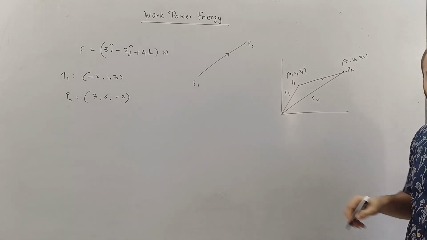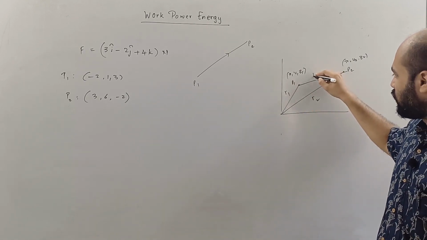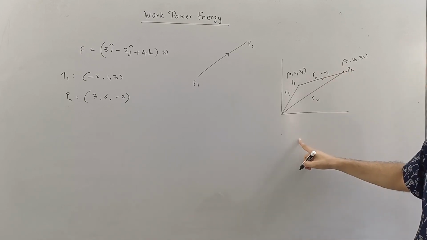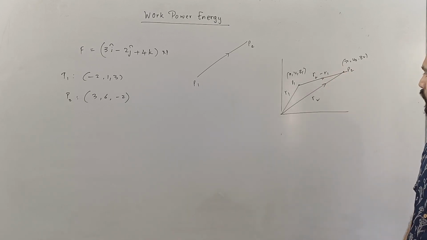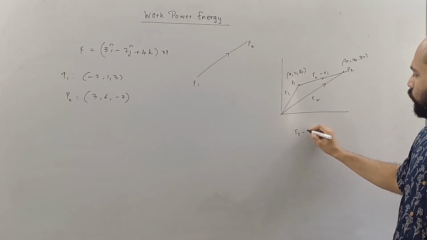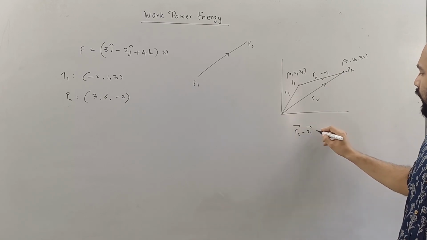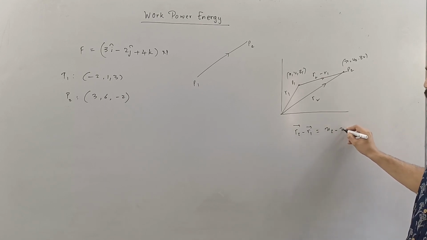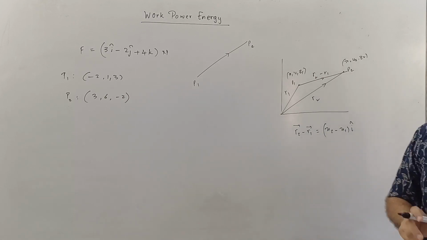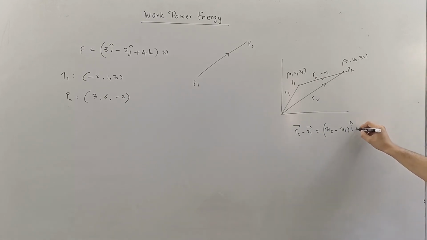So displacement vector is simply given as r2 minus r1. That means this is going to be written as r2 minus r1 is a displacement vector which is x2 minus x1 i cap. We always associate i cap with x. Similarly, y2 minus y1 j cap and z2 minus z1 k cap.